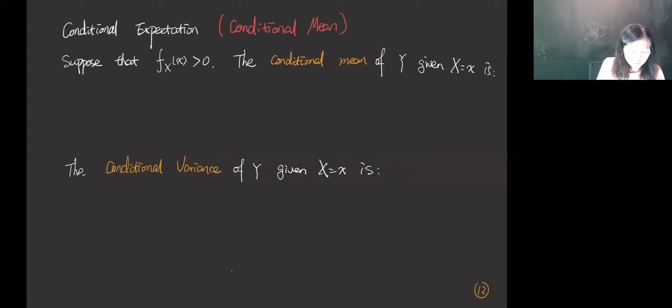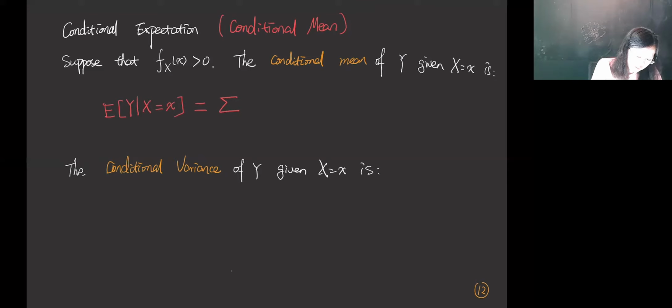Suppose that the probability that the conditioning variable equals little x is positive. The conditioning event is a positive probability event. The conditional mean of y given x can be defined the same way as we define the unconditional expectations.